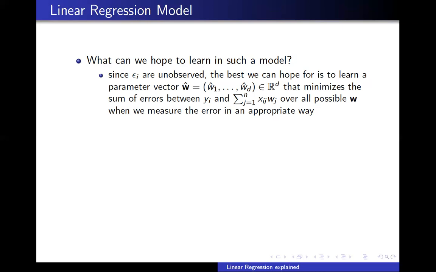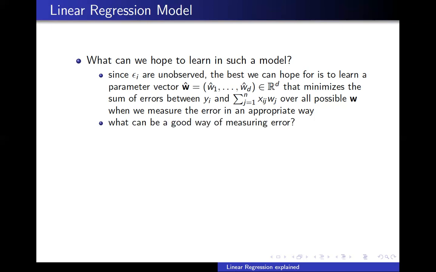Over all possible linear combinations of the different features, we want the w that minimizes the error between this prediction and the true output, measured in some appropriate way.